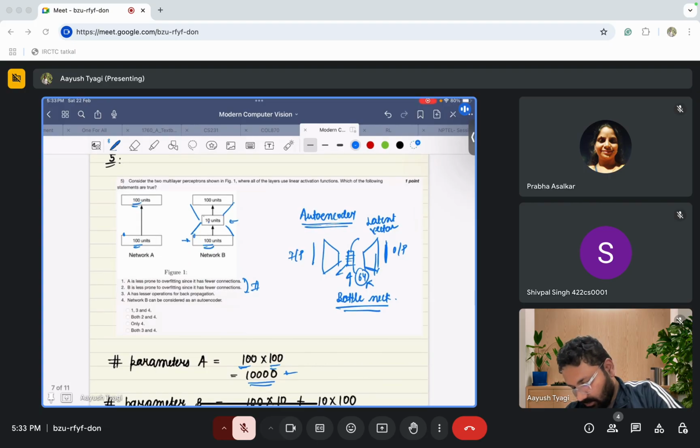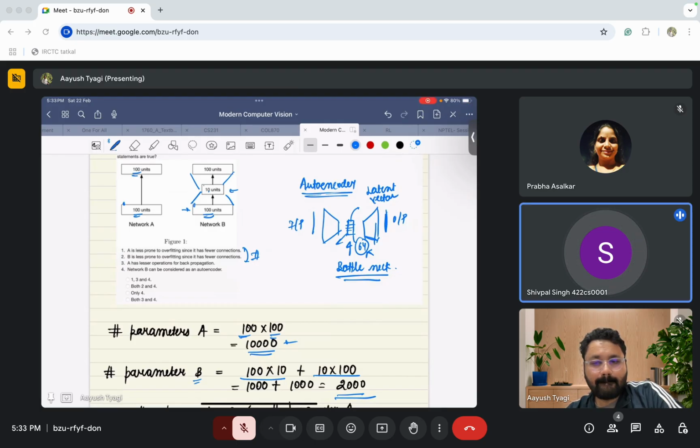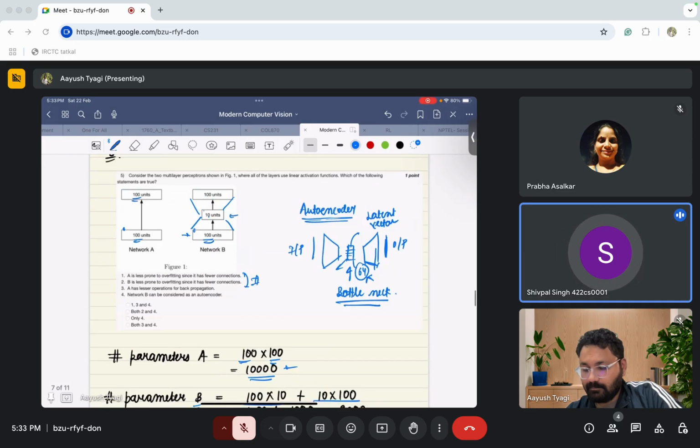Any doubt in that, or should we go ahead? Sir, how do we determine the size of this bottleneck layer in between to make the network more efficient? Are there any criteria?